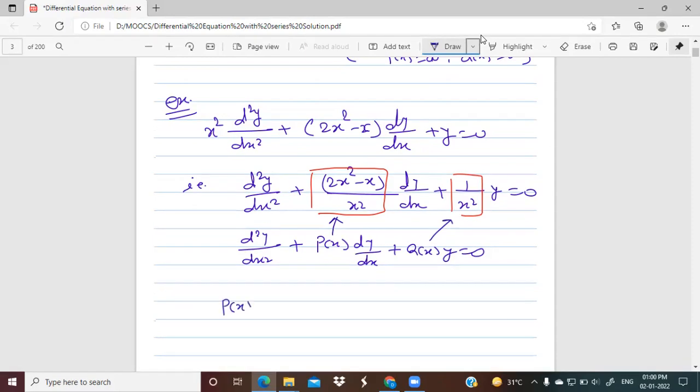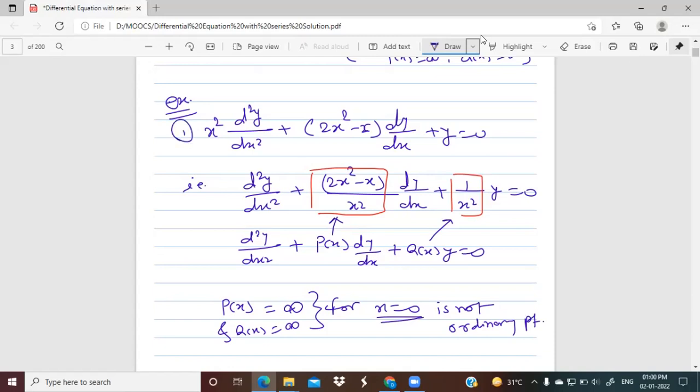So p of x is equal to infinity for x equal to 0. The same for q of x also: q is infinity for x equal to 0. Therefore, x equal to 0 is not an ordinary point.